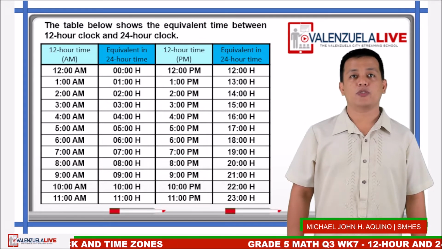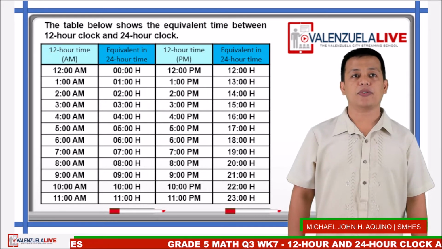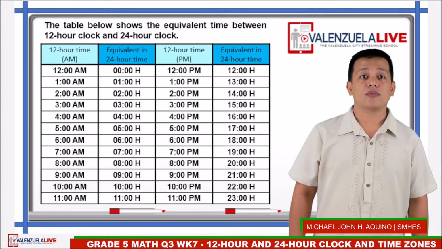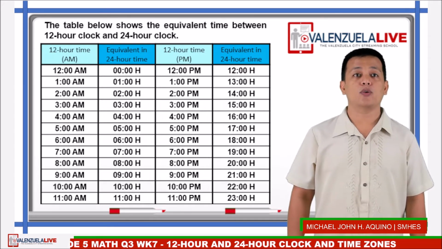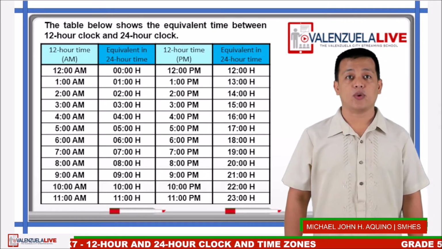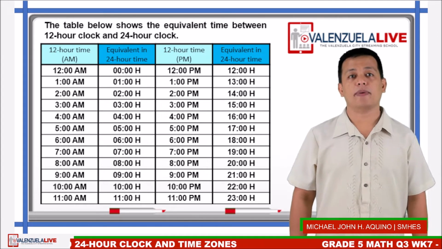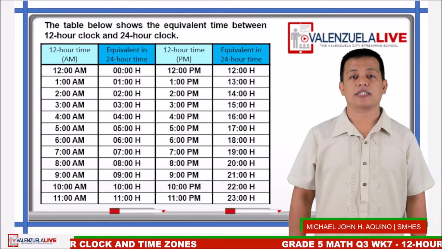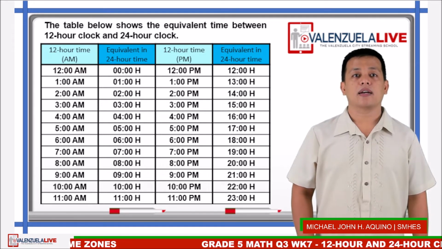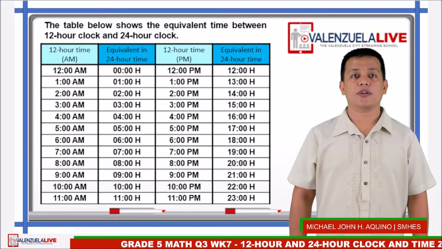The table below shows the equivalent time between the 12-hour clock and the 24-hour clock. As you can see, we have 12 a.m. and 0000. The blue part shows the 12-hour time in a.m. and the equivalent in 24-hour time. So 12 a.m. is equivalent to 0000.